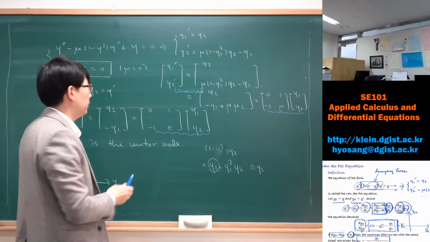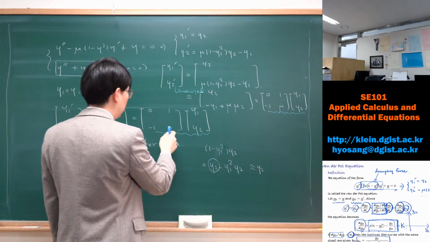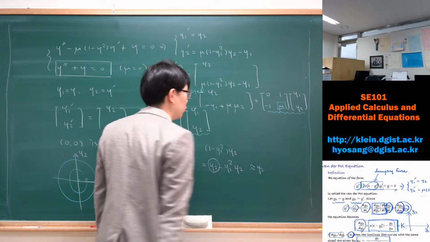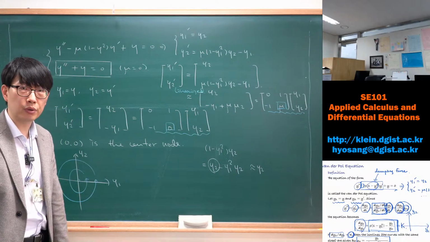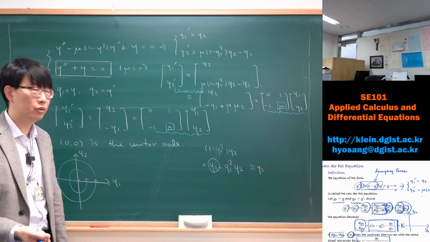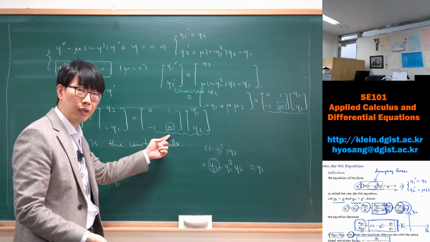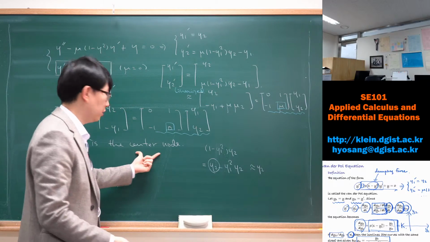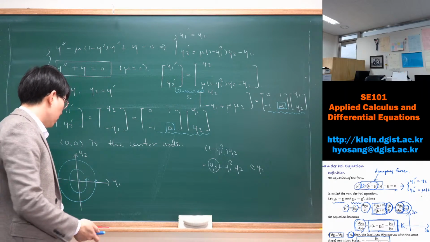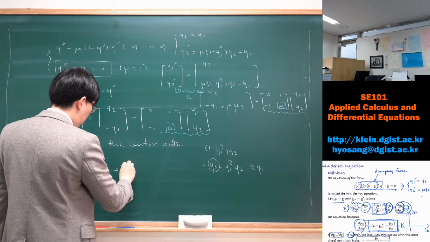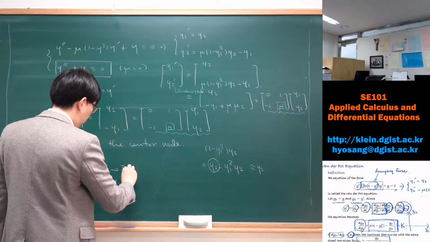But you see the difference between this one and this one is that the right lower corner entry are mu or 0. If mu is almost close to 0, then it becomes similar to this equation, and this differential equation has a central node, so it has a perfect cycle. The perfect cycle means that there is an oscillation, infinite oscillation.